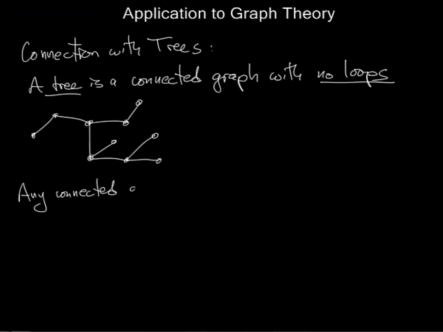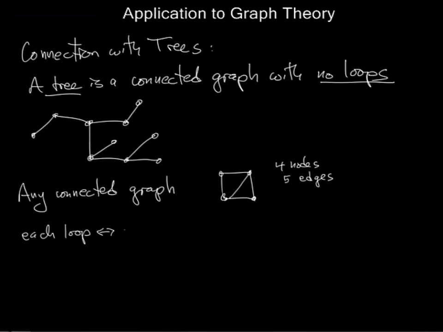And if you take any connected graph, here's an example, a graph with 4 nodes and 5 edges, well, what I was saying earlier is that every time you have a loop, that gives you a linear relation among the rows of the incidence matrix. And so each loop cuts the rank down by 1.